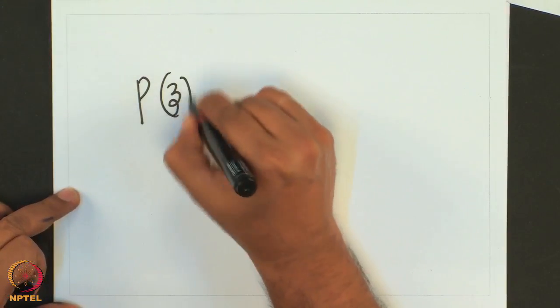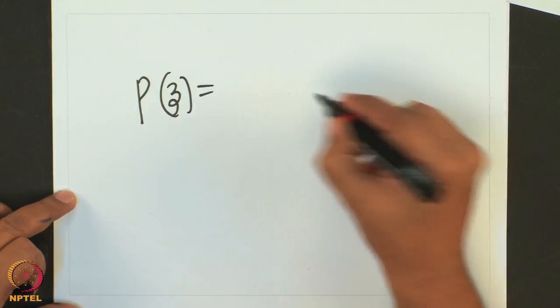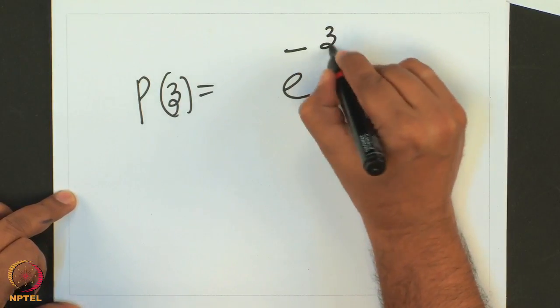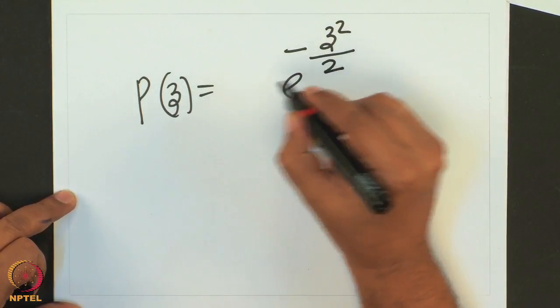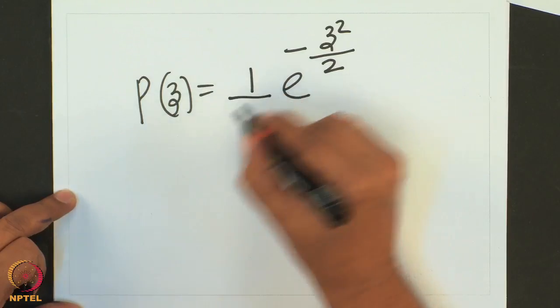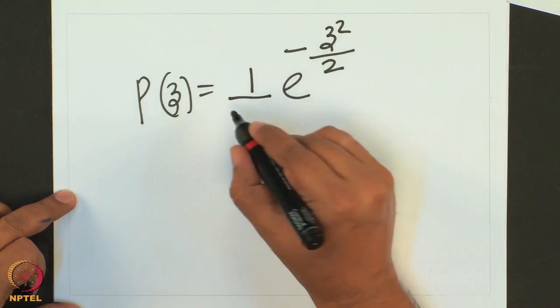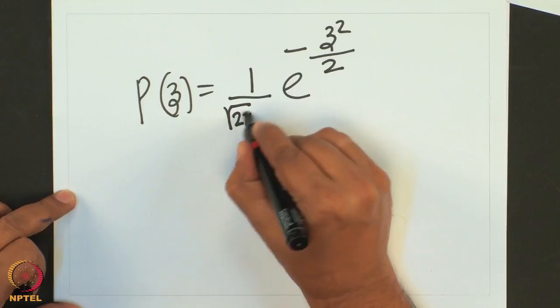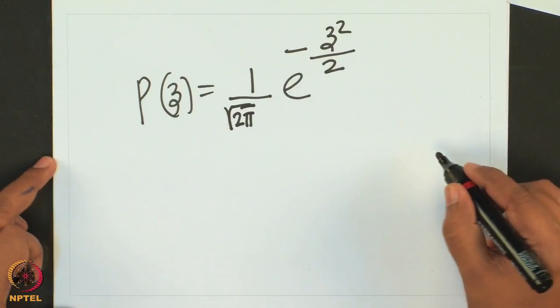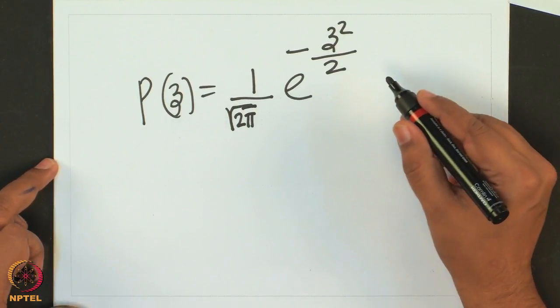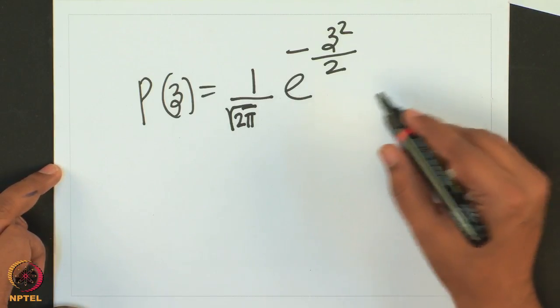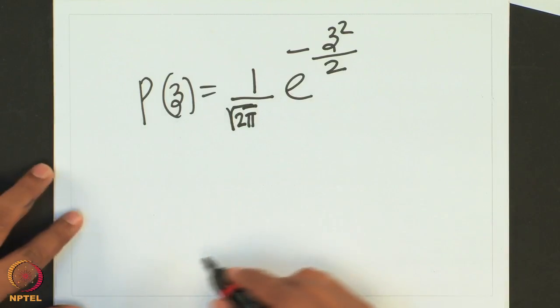It is known that P of z is 1 by root 2 pi times e power minus z square by 2. The integral of this has to be 1.